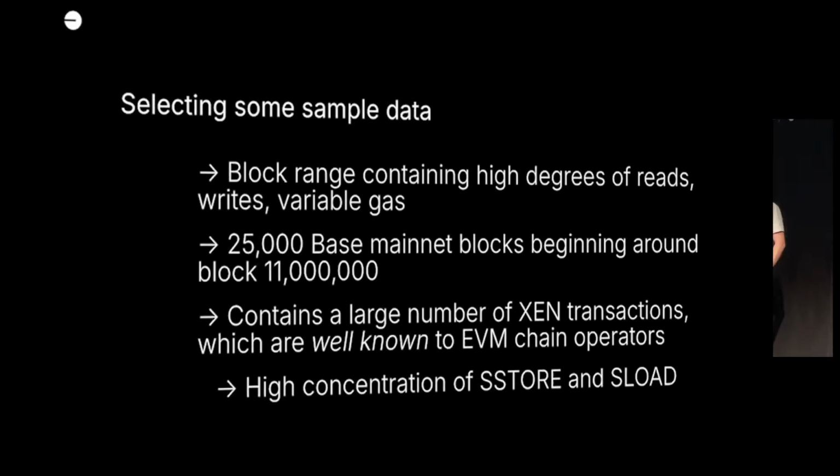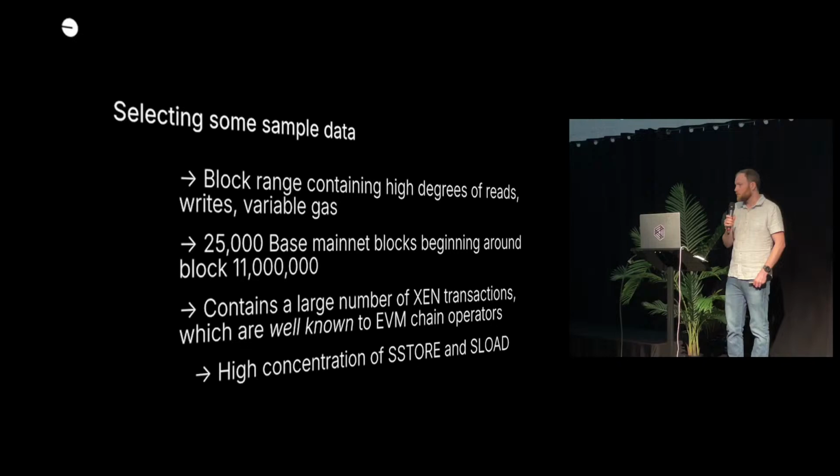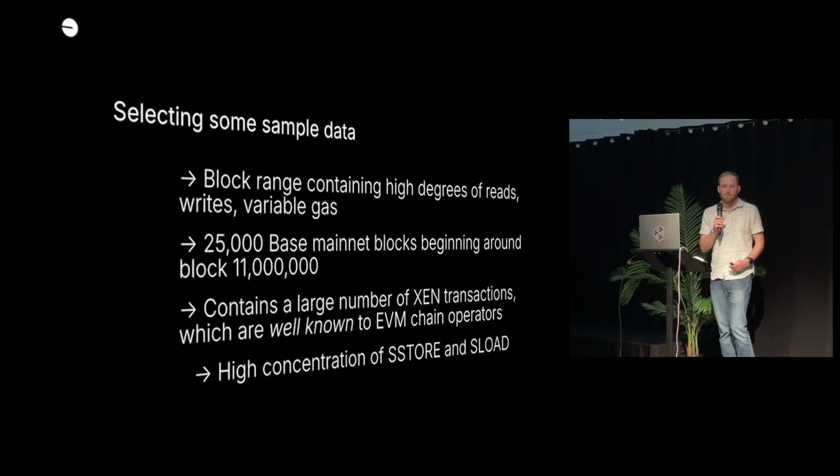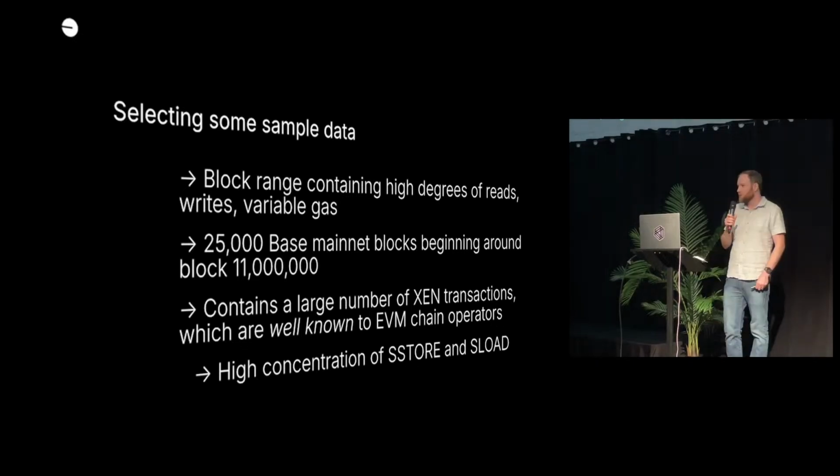If you operate an EVM chain, you might be aware of this. Storm actually has a great blog post detailing the impact of Zora on a variety of other EVM chains. But most importantly, this sends a ton of SLOADs, SSTOREs, contract deploys, and sometimes self-destructs at the chain.